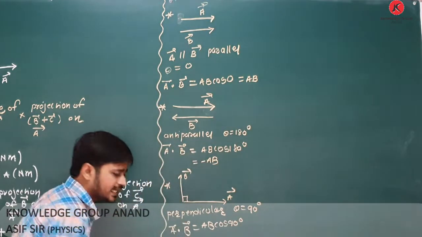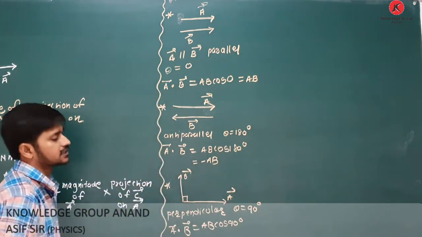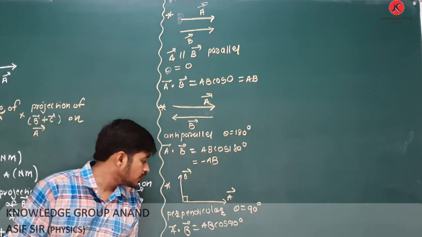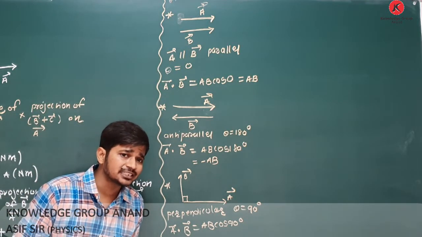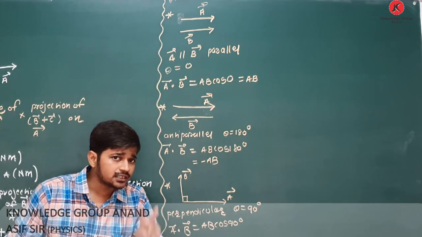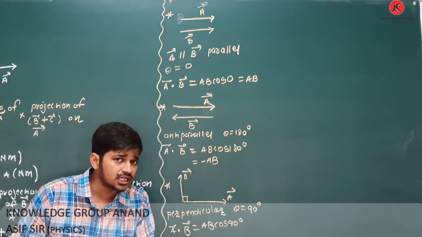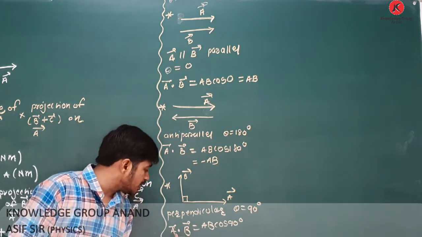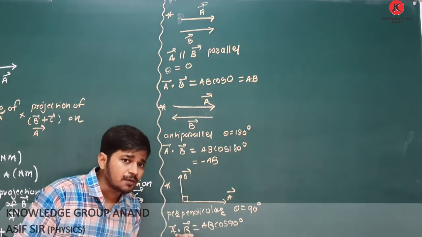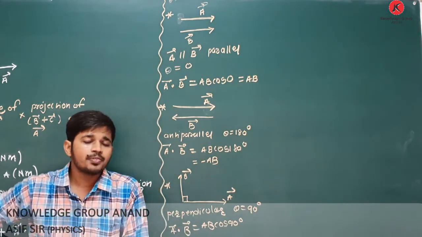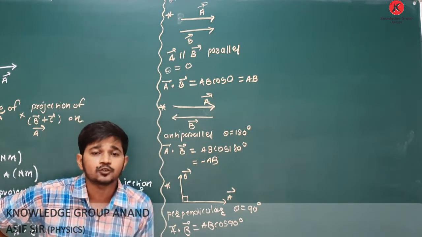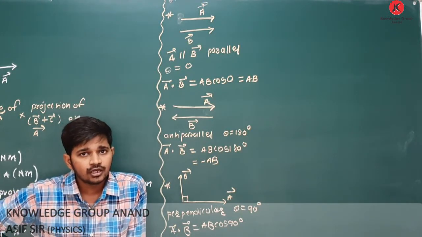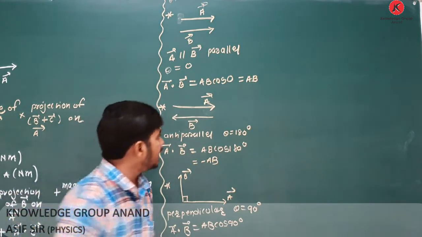Cos 90 is 0, so it is 0. You have to remember this important point: if two vectors are perpendicular to each other, their dot product, their scalar product, is zero. Clear about this?